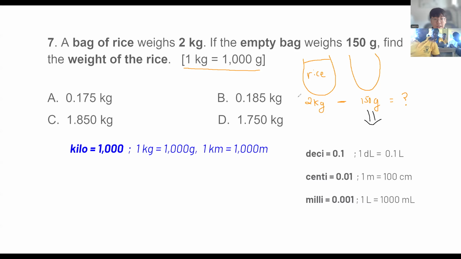If you said C, then that's correct. Great job.